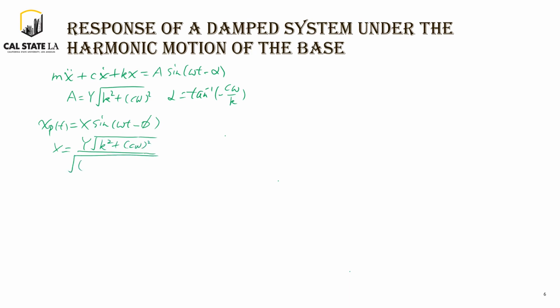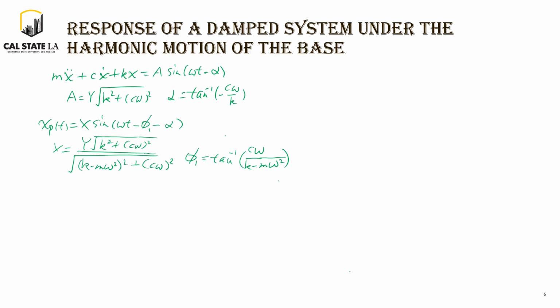So that is the square root of k minus m omega squared squared plus c omega squared. Let's start from the phi 1 minus alpha. This is what we had from last page. Phi 1, we already know, is the inverse tangent of c omega over k minus m omega squared. So this is what we have so far, right?